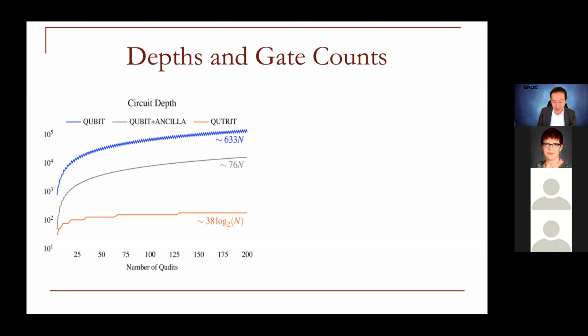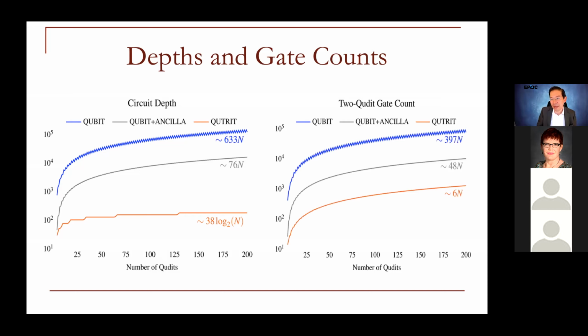Right? Now, asymptotically, the qtrit implementation has the same growth in gates. It's still linear as the qubit and qubit plus ancilla versions on the right here, but it has a much better constant factor. Right? So it has a great advantage in terms of both gate count and circuit depth for basically the same number of devices in your machine.